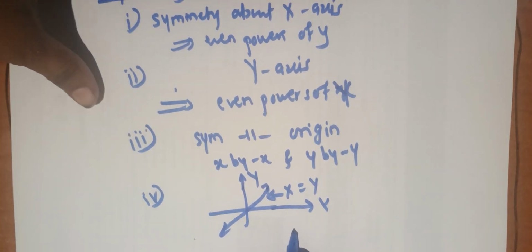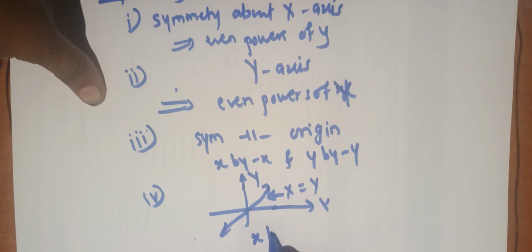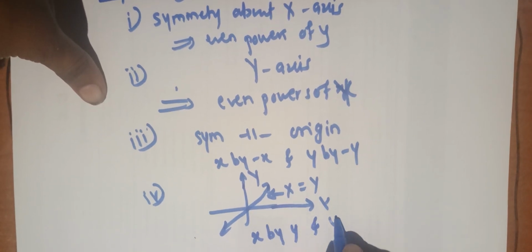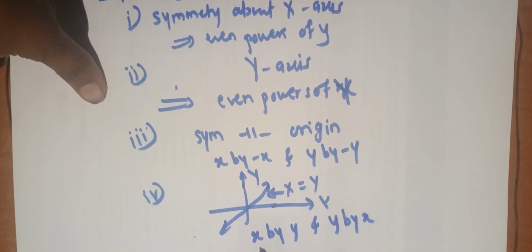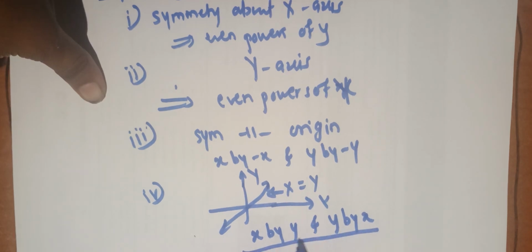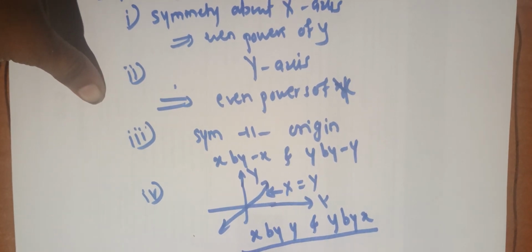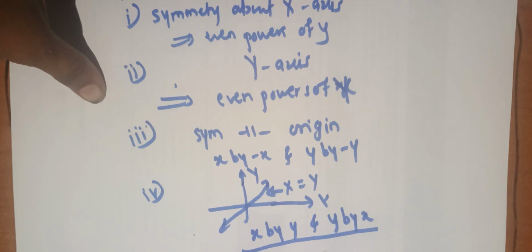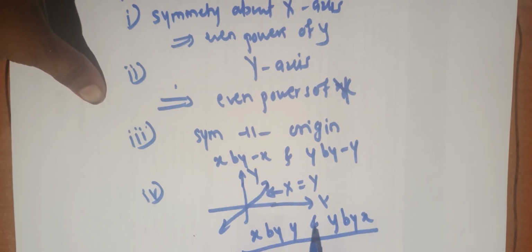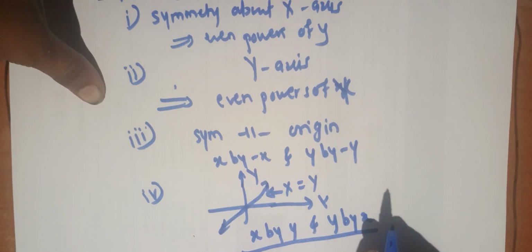In this case, we have to replace x by y and y by x. If the equation remains same after interchanging x and y, then we can say this is the symmetry about the line x is equal to y.